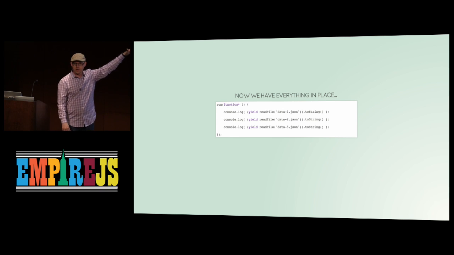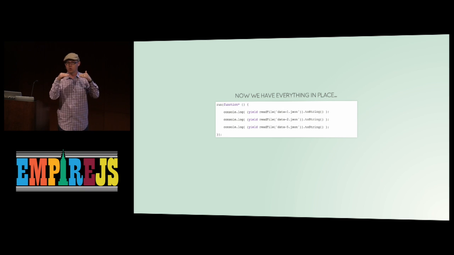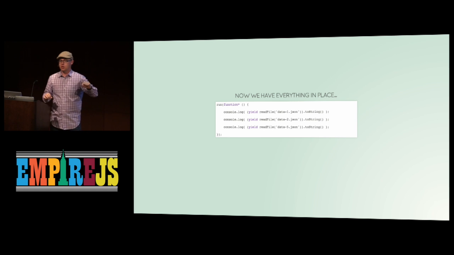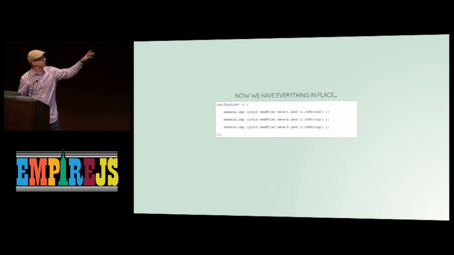So even though this looks very synchronous, in the sense that we're doing one and waiting and then doing the next one and waiting, the actual call to read file is asynchronous and the generator pauses while that happens. So this is completely asynchronous. When this finishes, we'll log out all three of those file contents and that's all great and dandy.